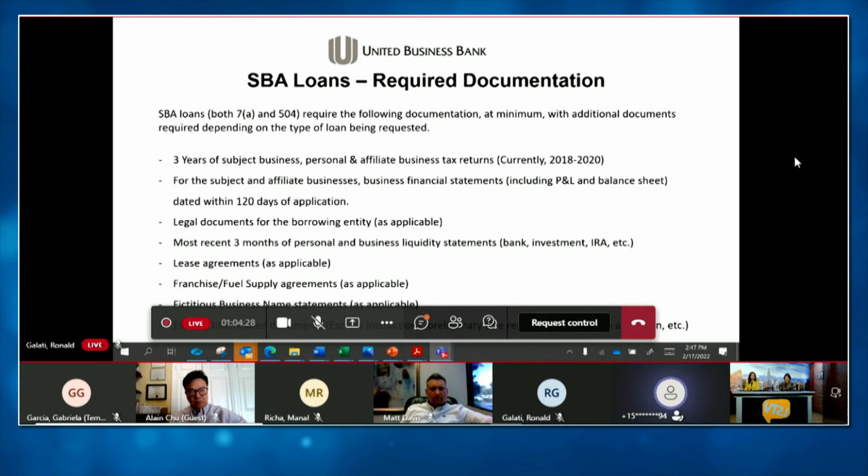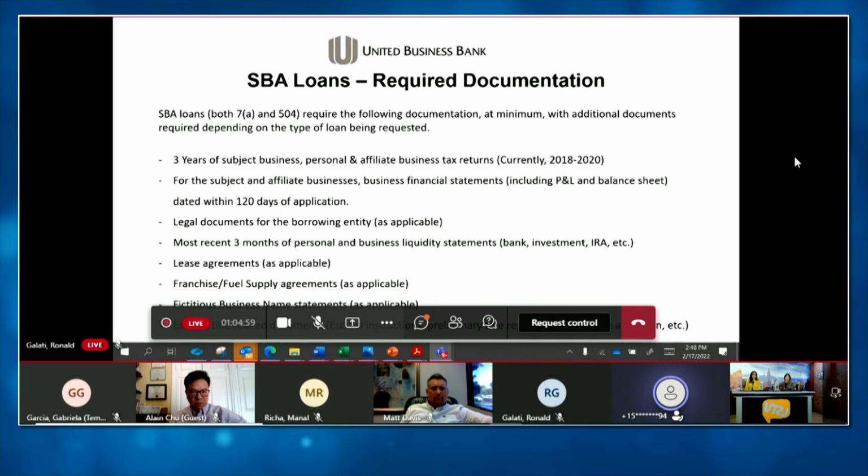Now, I won't deny that the documentation is more thorough with the SBA, but that comes with the territory, right? SBA has a set of guidelines that every lender must follow. And so the documentation that we have to collect and verify is definitely more extensive, generally speaking, than a conventional loan that you would get from a bank with no guarantee attached.